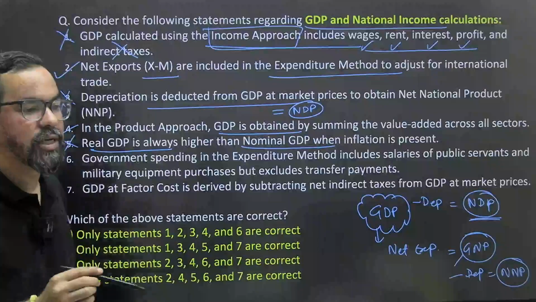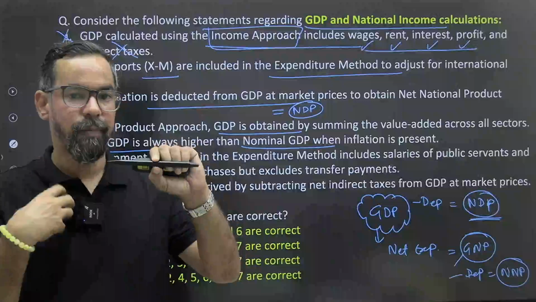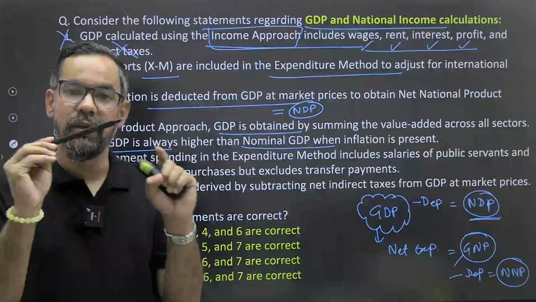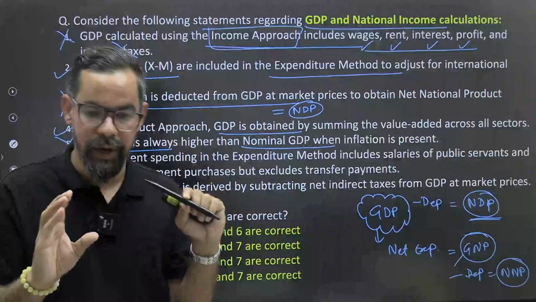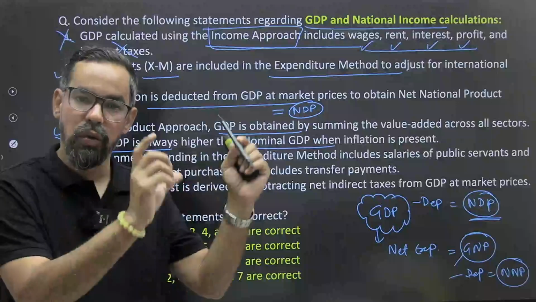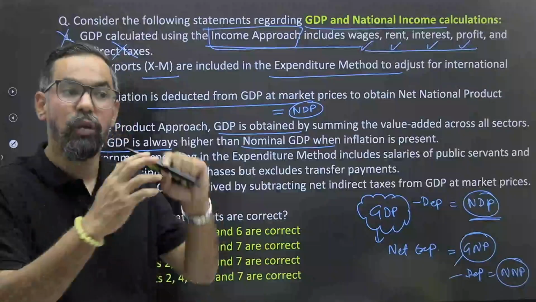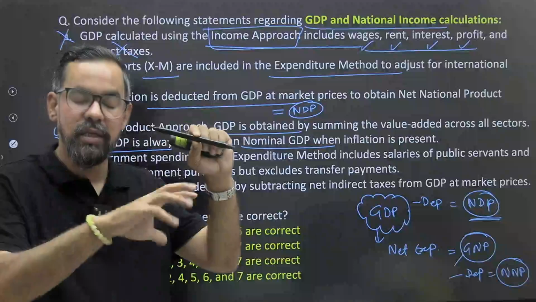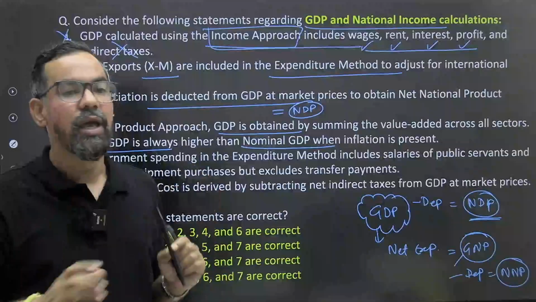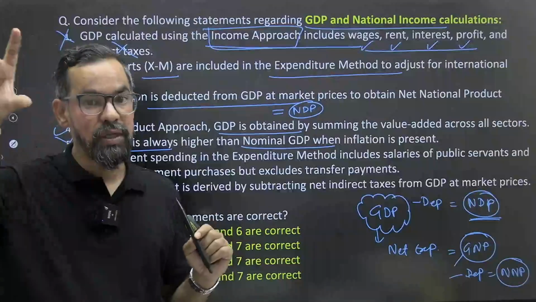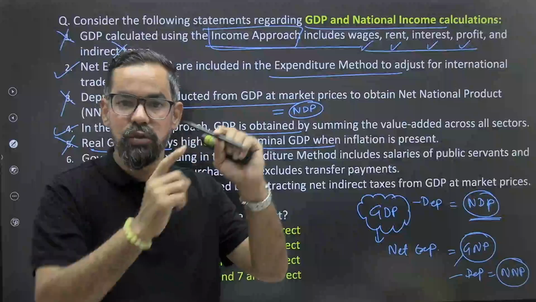Let's say a nominal GDP is we sold a marker worth rupees 100. So that is a 100 rupee contribution in GDP. While you calculate through the real GDP, you will adjust for inflation. Let's say during the base year the price of this was 90 rupees.